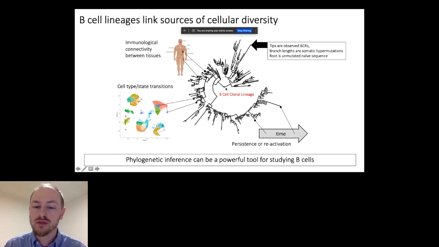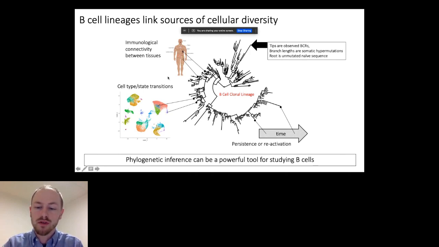The branches represent the number of somatic hypermutations that have occurred, and the branching pattern of the tree itself represents these immediate ancestors. These trees are just like what we would see with phylogenetic trees of humans, chimpanzees and gorillas, except they represent B cell evolution within a person.